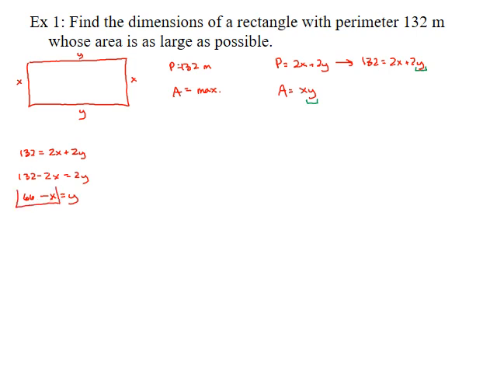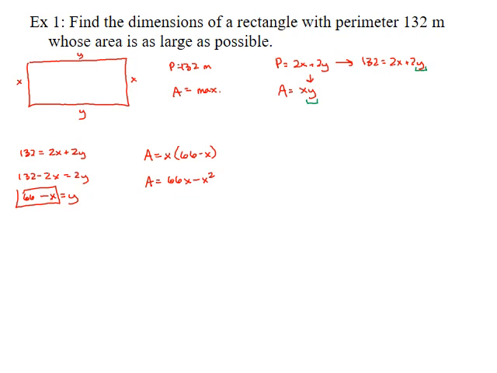I'm going to take this 66 minus x and plug it into that y in the area formula. So area is x times 66 minus x, and if I multiply that x through, it is 66x minus x squared. That is now something that's a lot easier to maximize.